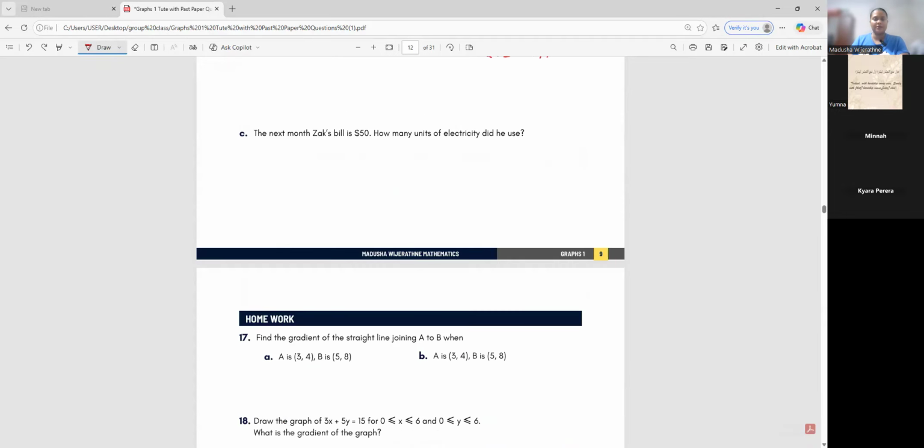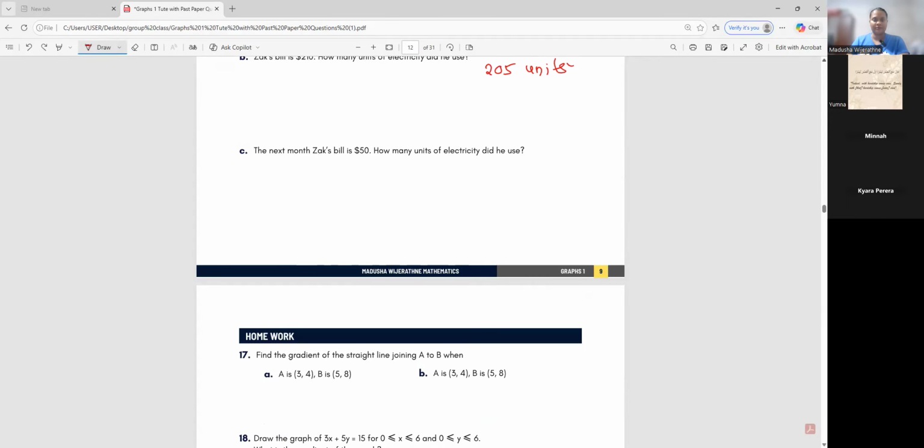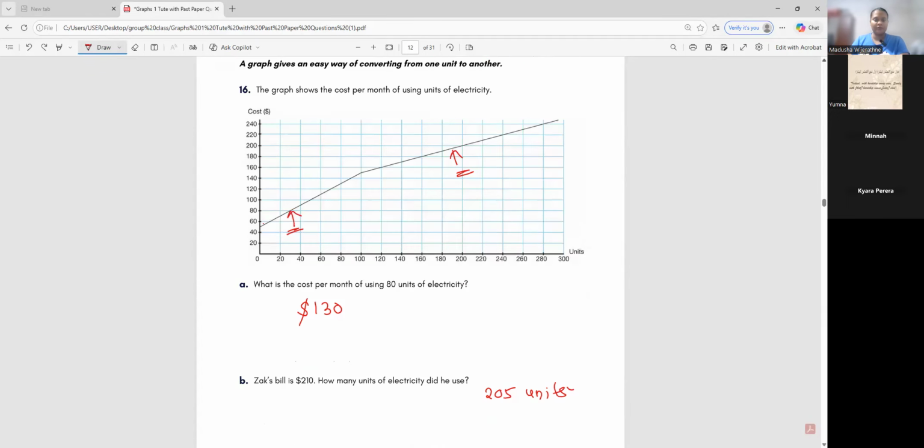There is another one. The next month, Sak's bill is $50. How many units of electricity did he use? Then draw a line from 50 and see. This is 40. Now this is 50. It's 0. So they are not charging any amount.